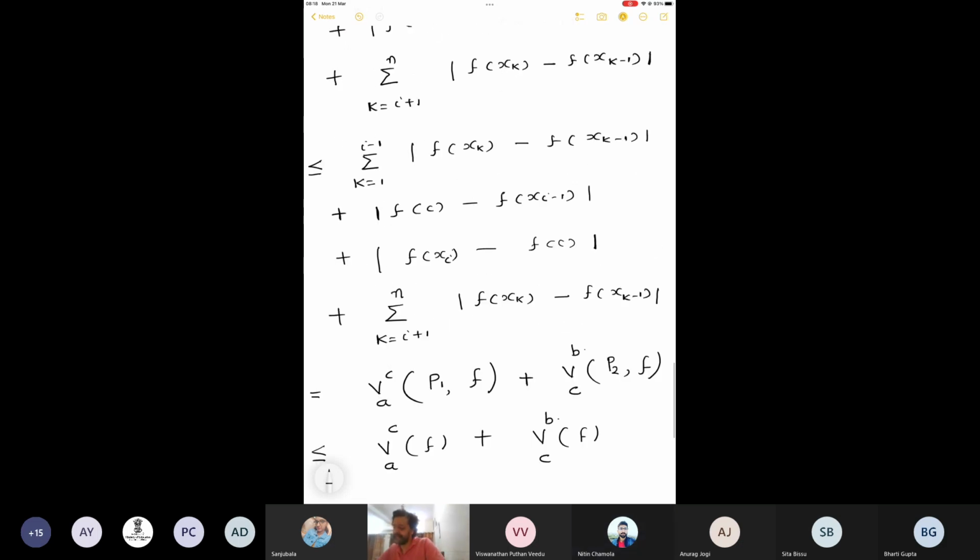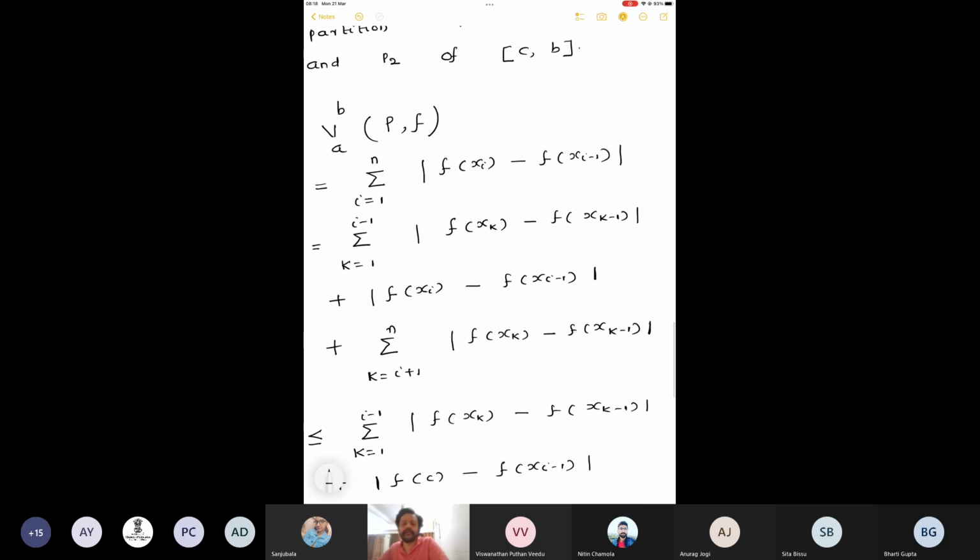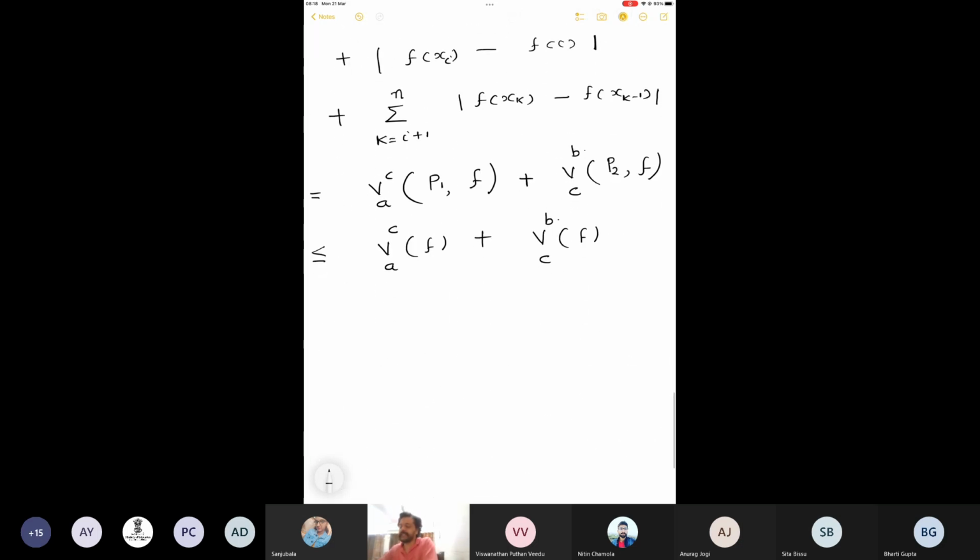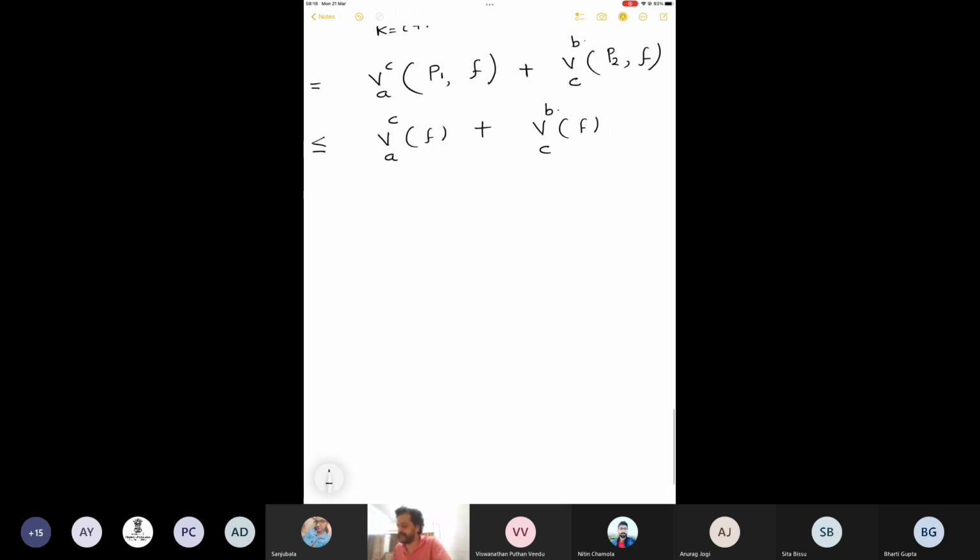And look at the left hand side. It is the variation of f corresponding to an arbitrary partition P. Since variation of f over AB corresponding to an arbitrary partition P is less than or equal to this, total variation also will be less than or equal to this.